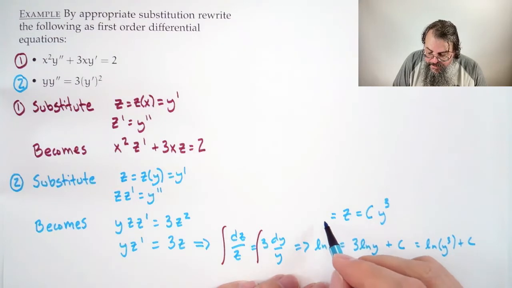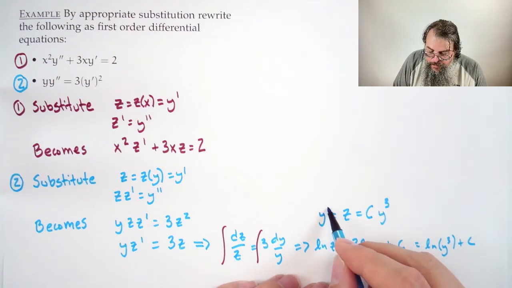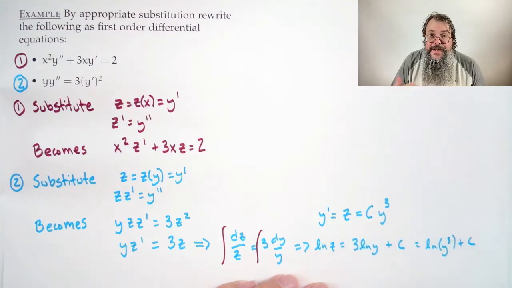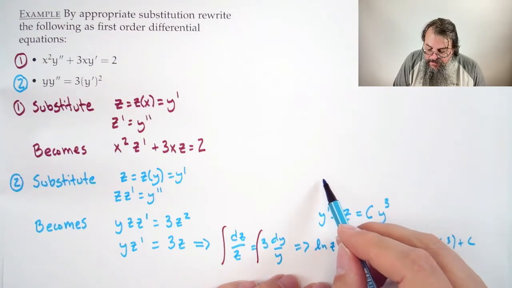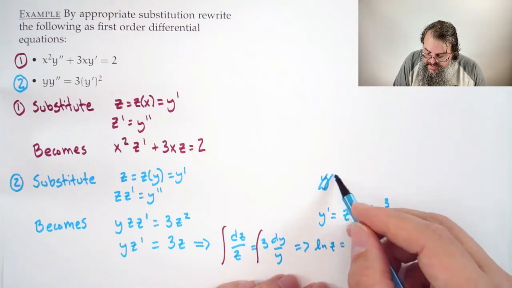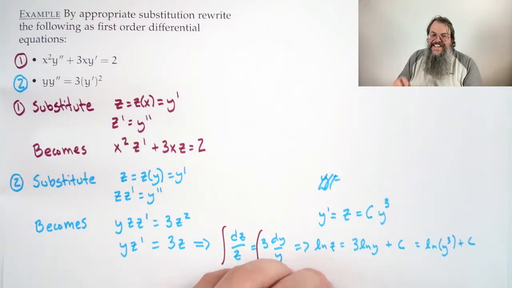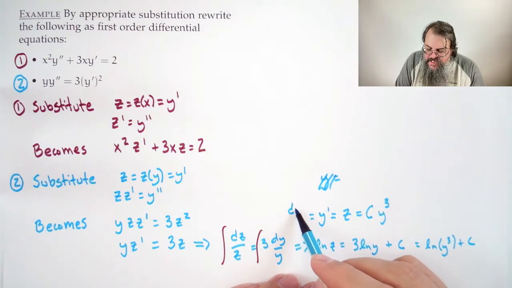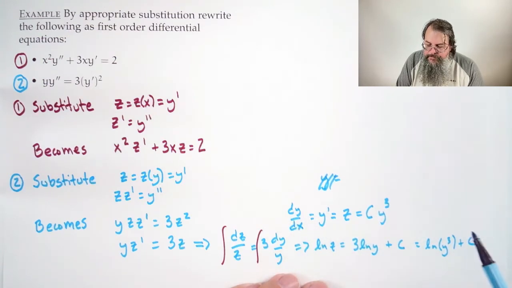And now this z is y prime, the same as before. So I just write y prime. So we get y prime is some constant times y cubed. Now we integrate. Integral of y prime is y. Integral of y cubed. Wait, we can't just integrate. That's not an x, that's a y. We have to separate yet again.